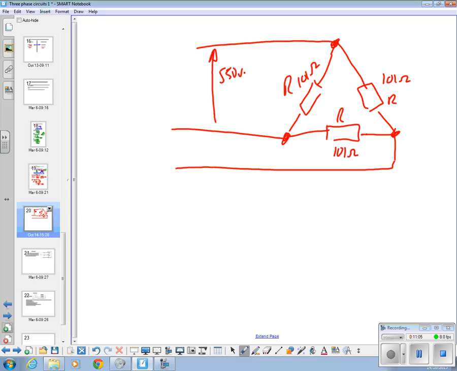Find C, find ST in delta connection. That's what the question asked.